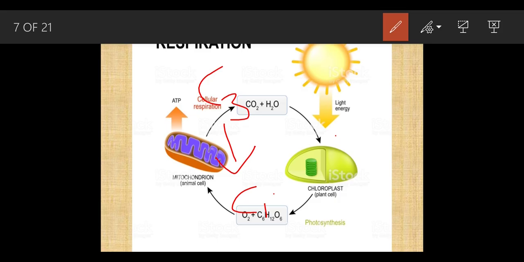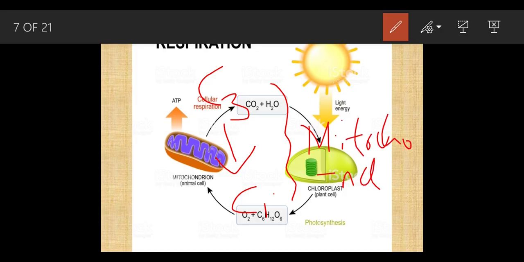Now what is going to happen? How does this pyruvate get converted into carbon dioxide? Now I am going to recollect the organelle, that is mitochondria. What is the function of the mitochondria? It works in cellular respiration. So from C3 it is getting converted into carbon dioxide in the mitochondria, because the function of the mitochondria is to release energy through cellular respiration.